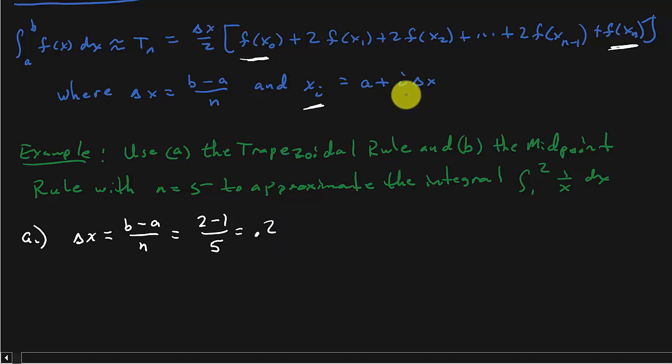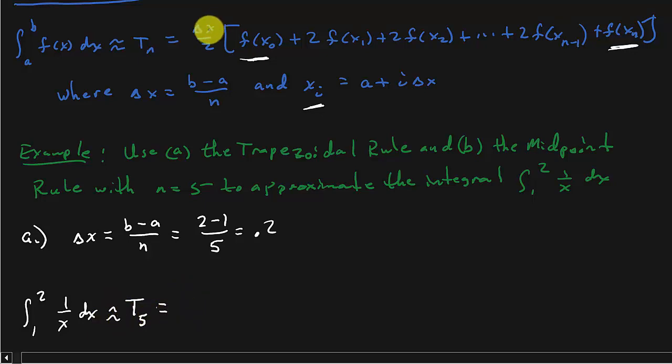So we have the integral from 1 to 2 of 1 over x dx, and that's going to be T5, approximately, because that's going to be an approximation.